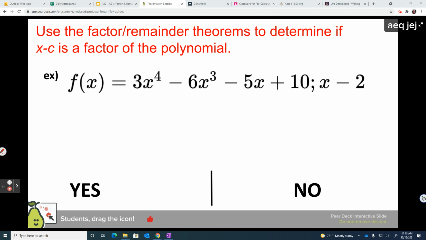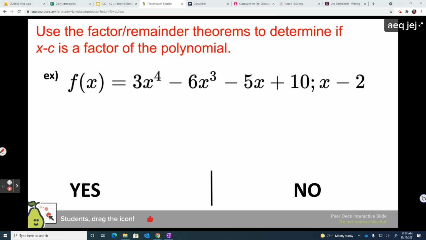So there's our function. Before you write your box out, I want to point something out to you. There's one thing you have to be careful with. If you notice our exponents, it goes 4, 3, but there's no 2, there's no second power there, right?